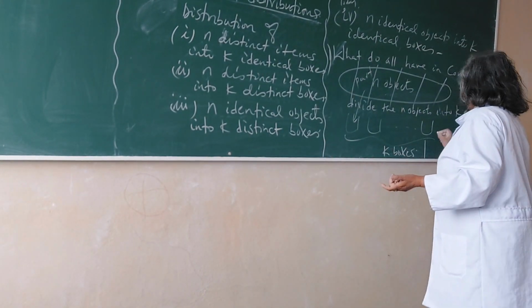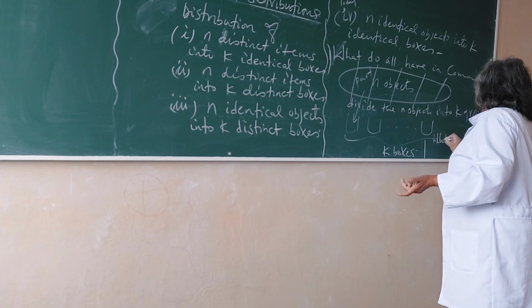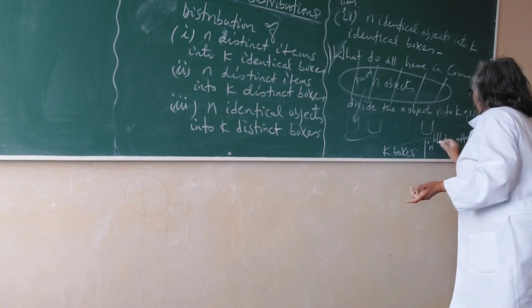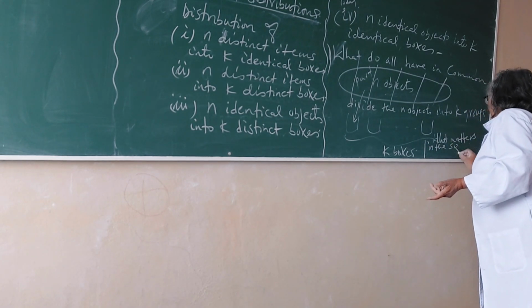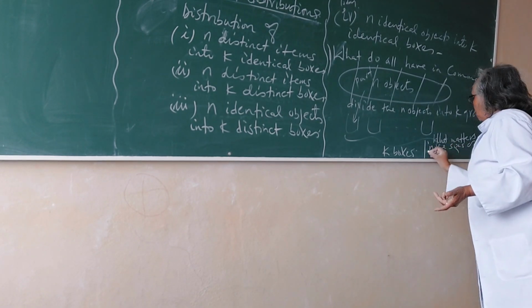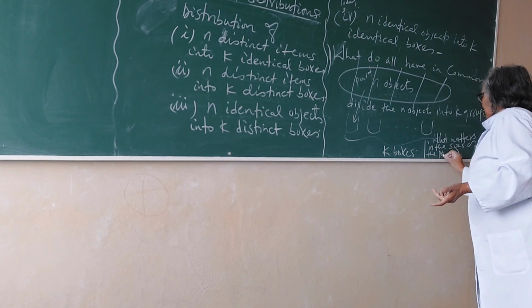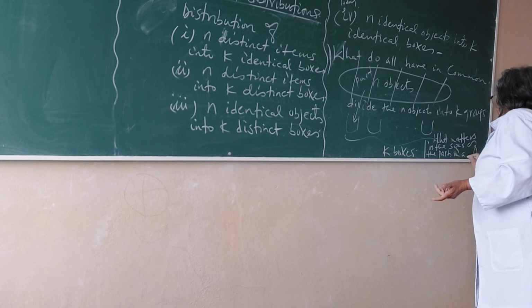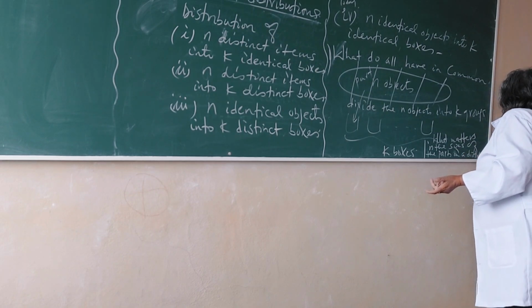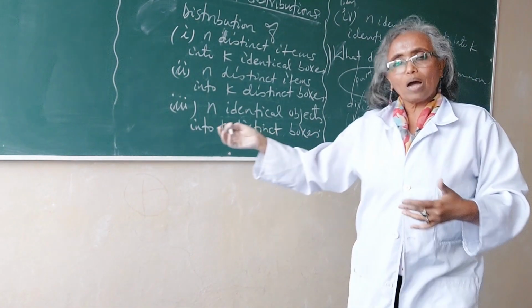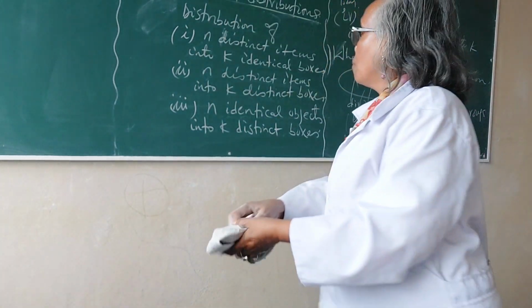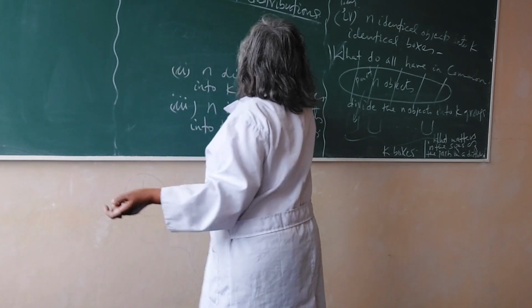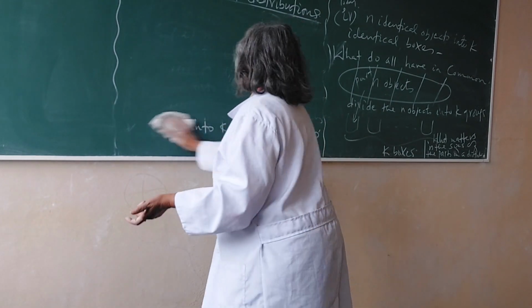So, what matters in all cases is the sizes of the parts in a distribution. One set of sizes different from another set of sizes will make different distributions.